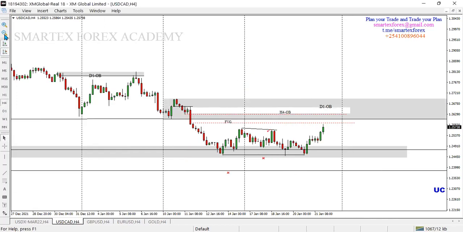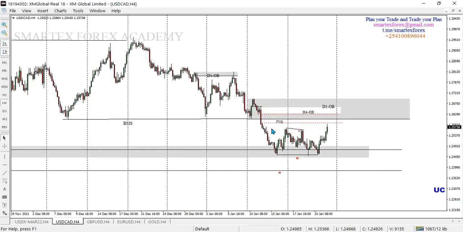Let's see what we have in the 4-hour time frame. In the 4-hour time frame, we have other arrays that are nested in this daily bearish order block, which is this one, and the 4-hour that one, and there is a fair value gap here, and there was liquidity here which was being cleared, and we can pay for lows.